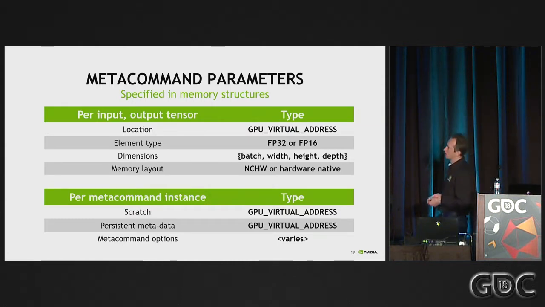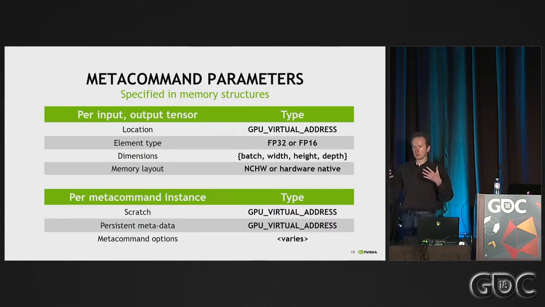But if you have, for example, two meta commands, one feeding into the other, and you're not really interested in understanding what kind of tensor is flowing between them, then you would want to specify the hardware native format, which is opaque. And the reason we decided to define it that way is to allow implementations to optimize memory I/O performance for tensors.